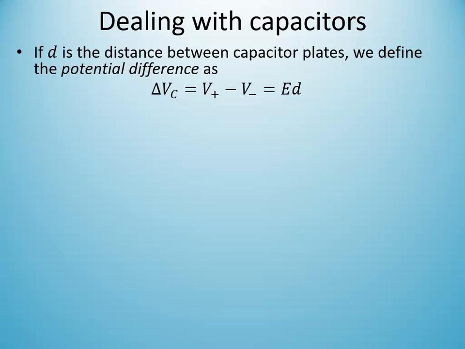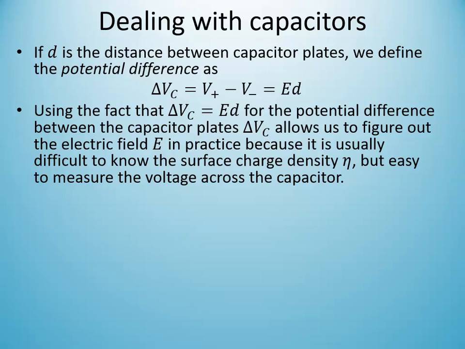Now, when we're dealing with these capacitors, keep in mind that we create the electric potential difference in the capacitors. That difference, delta V sub C, is defined as the potential of the positive plate minus the potential of the negative plate, which also is equal to the electric field times the plate separation, as long as the plate separation is small compared with either of the dimensions of the parallel plates.